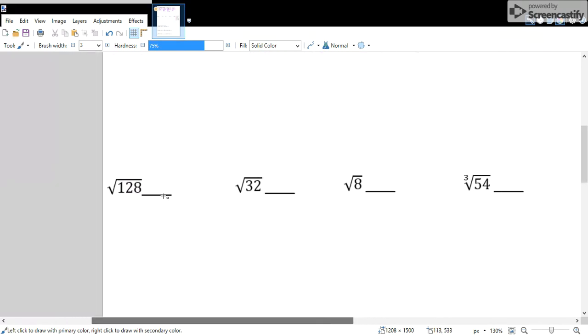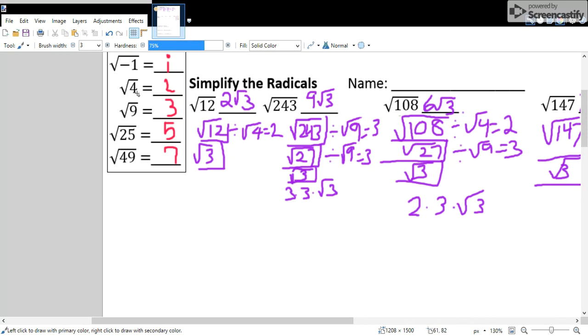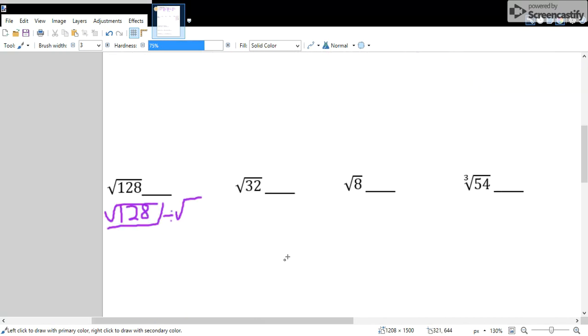Okay, let's look at the next one, the square root of 128. Still no negatives, so let's try to divide by 4. 128 divided by 4 is 32. So that works. You can also divide 32 by 4.